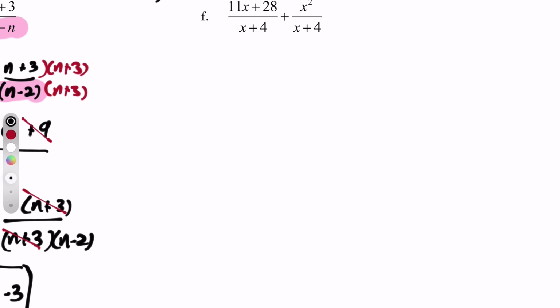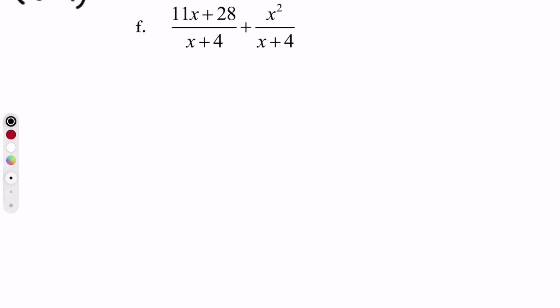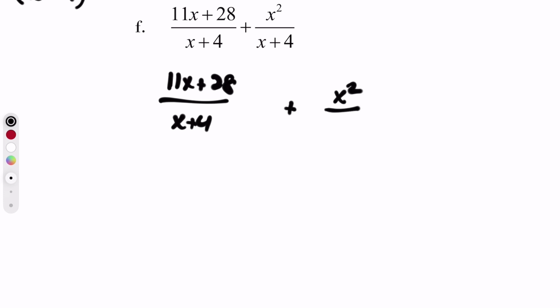Fairly simple one ahead. I'm going to rewrite this: 11x plus 28 over x plus 4, plus x squared over x plus 4. Oh, geez, we've already got a common factor.